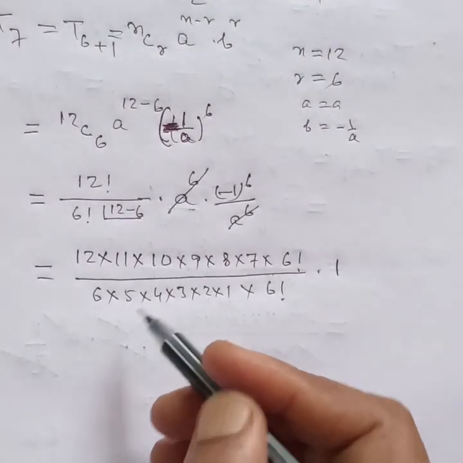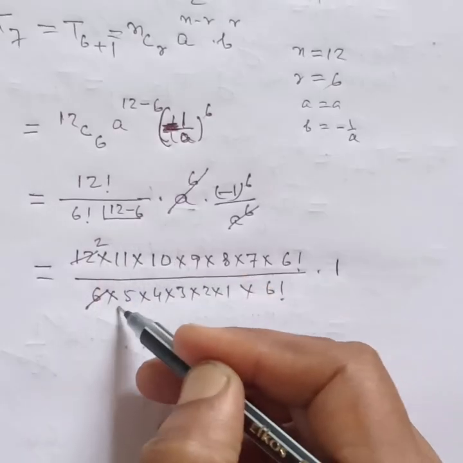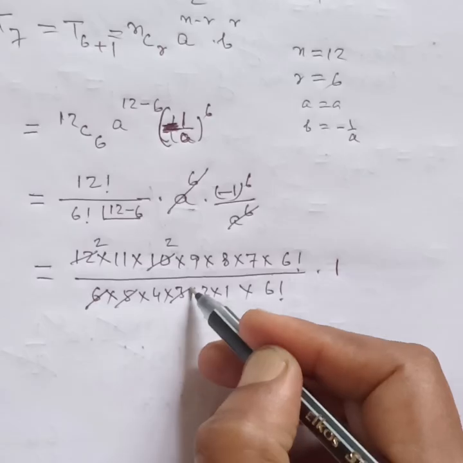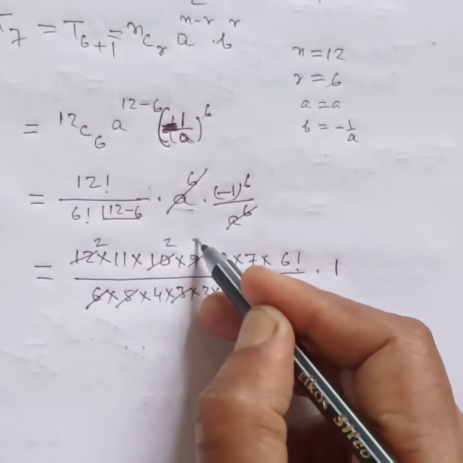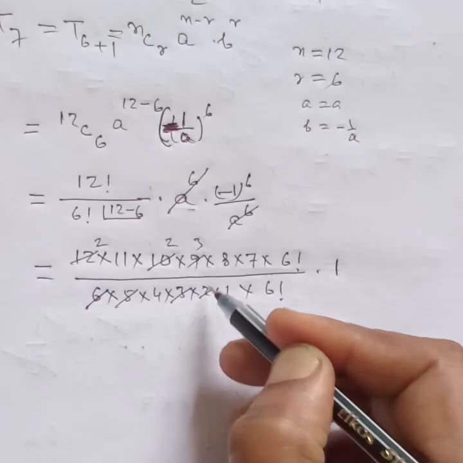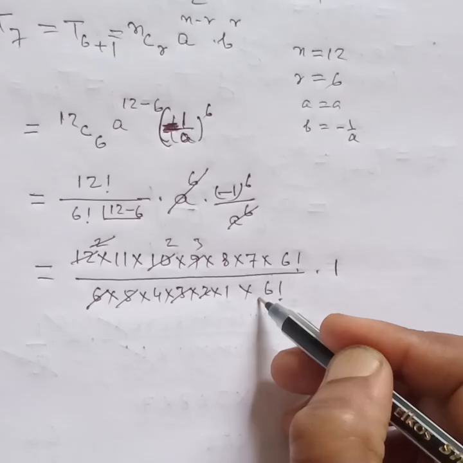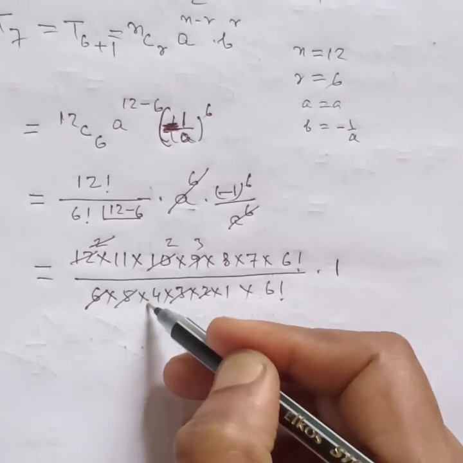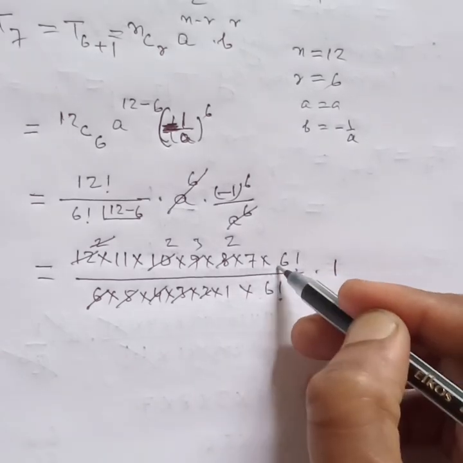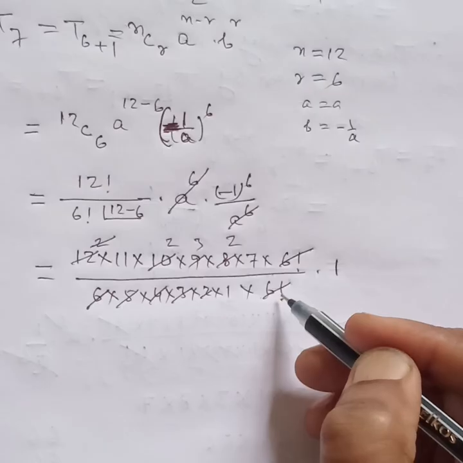Then, cancelling terms, 4 twos are 8, and factorial 6 by factorial 6 cancels.